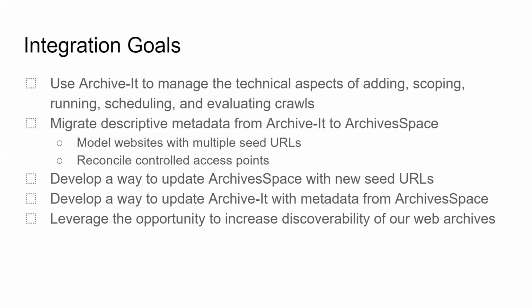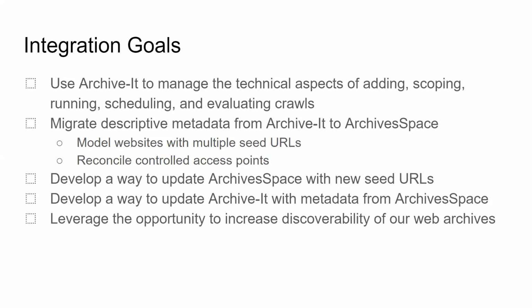We wanted to have that legacy description there. As part of that migration, we wanted to figure out how to model distinct seed URLs that corresponded to the same website, and also reconcile controlled access points, so do some cleanup and normalization, and also match them against existing subjects and agents in ArchiveSpace where we could.